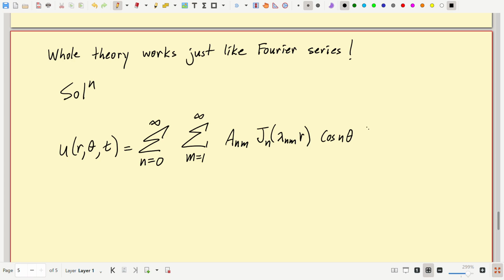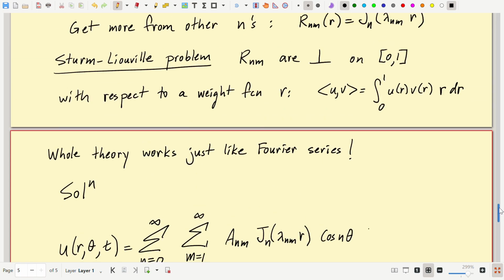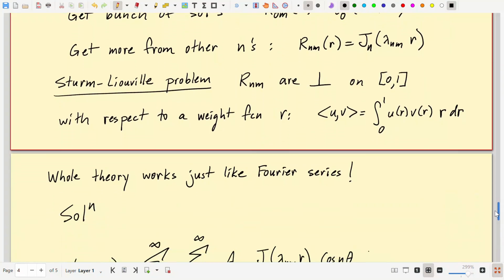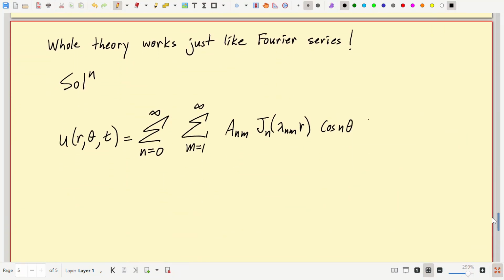so I should go back here. The k, remember? K squared is equal to the lambda. And so when those k's are taken to be the zeros of the Bessel functions, you get one here, cosine of lambda_nm t.